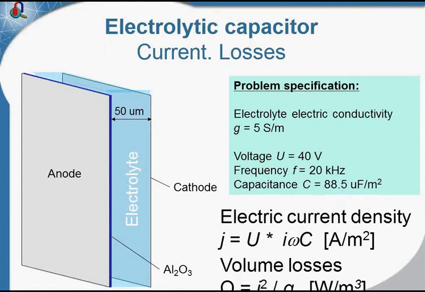And what will be the current value? I know the capacitance, I know the voltage applied, and I know the rotation frequency, angular frequency. Let's calculate the current density that will flow in the electrolyte.